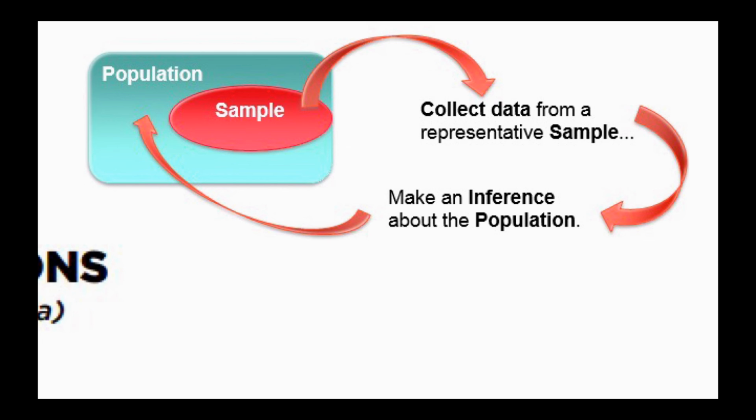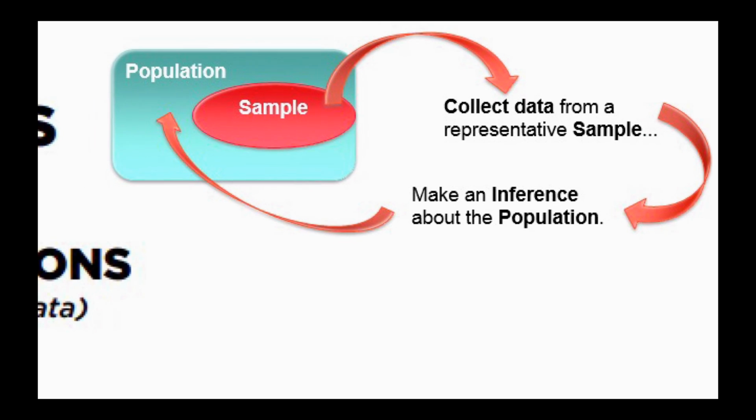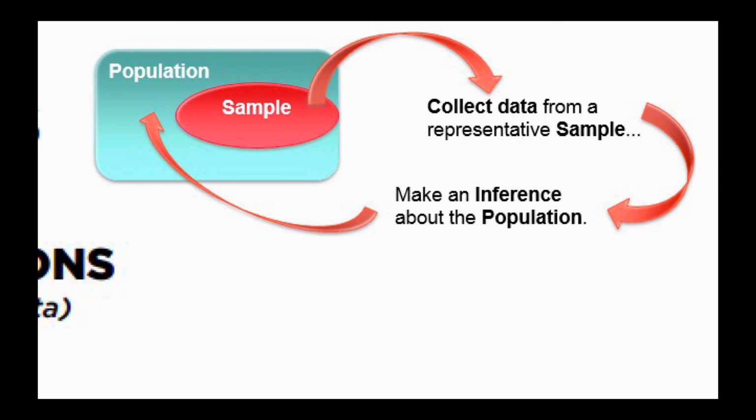It just depends, right? But the sample will always be smaller than the population. We collect data from the sample to make inferences. What does inference mean? Where have you heard that word before? Inference. There you go. It's an educated guess about what's going on with the population.